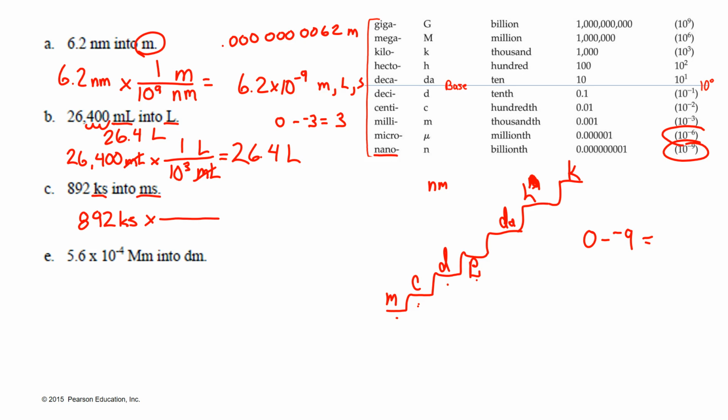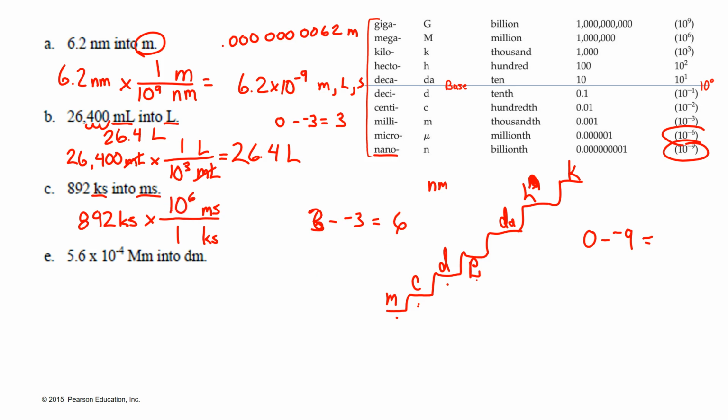So I'm going to say for every 1 kilosecond, I need to find out how many milliseconds. Again, milli is 10 to the negative 3. Kilo is 10 to the 3. Sorry, 3 minus negative 3 is 6, right?